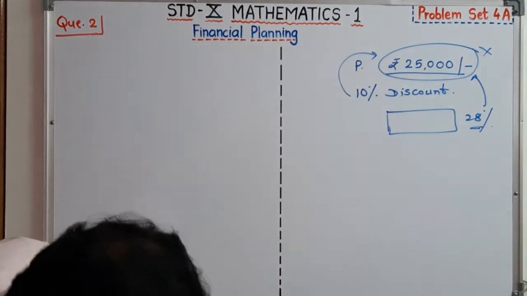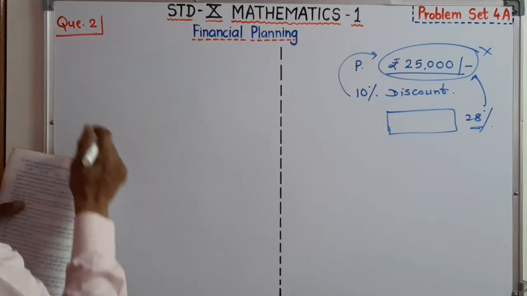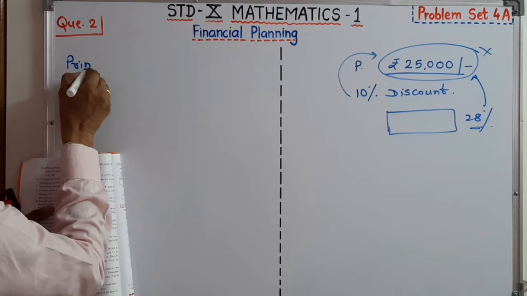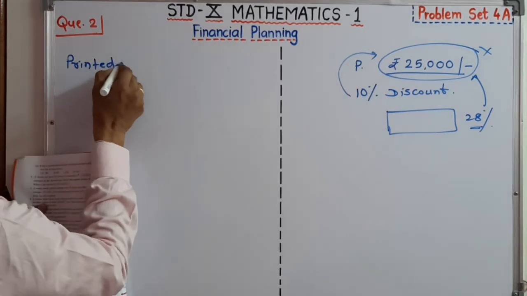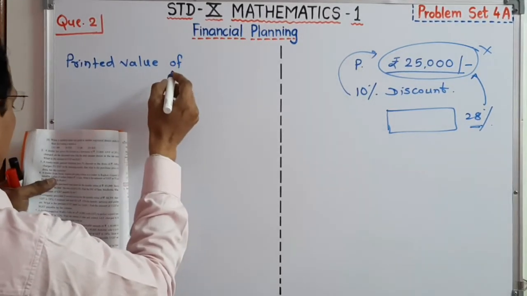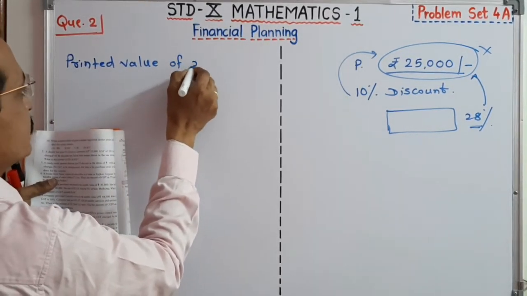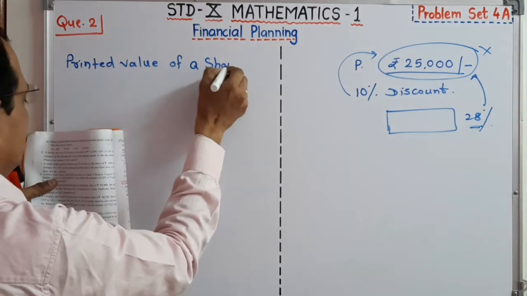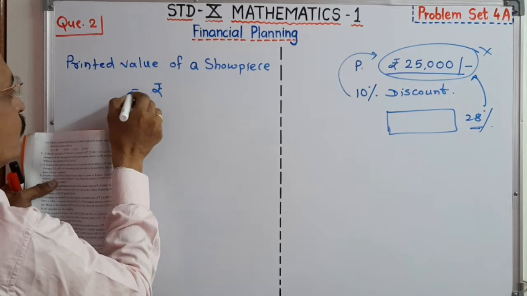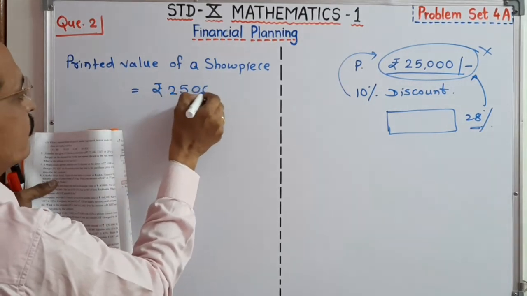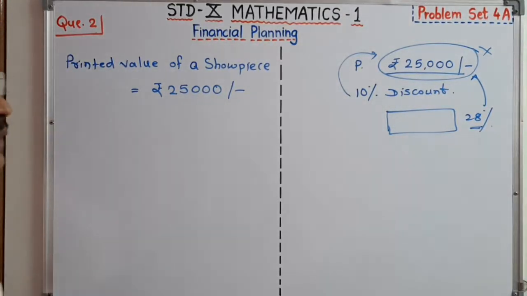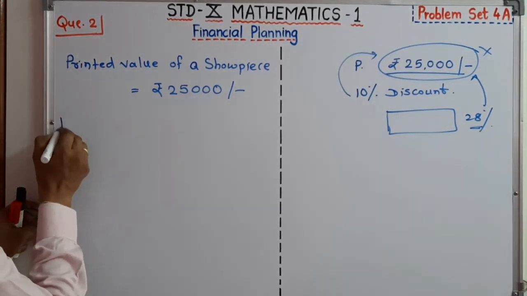Now how to write. See, first of all, we have to write here: printed value of showpiece is rupees 25,000. Now we have to find out the rate of discount.